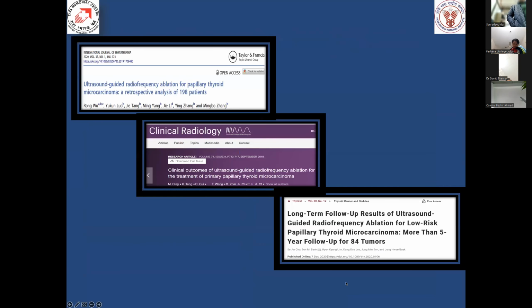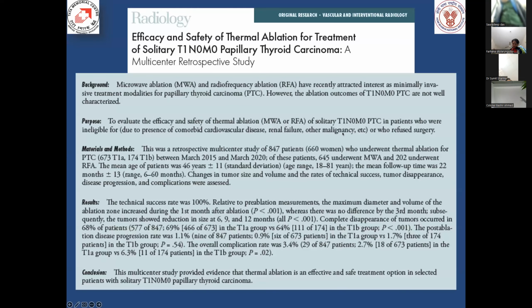Again, there are multiple reports which say that ablation can be done safely even in cases of malignant thyroid nodules. And this is one of the papers in 22, which studied retrospectively 847 patients with a mean follow-up of 22 months.